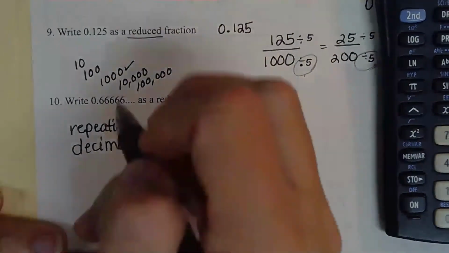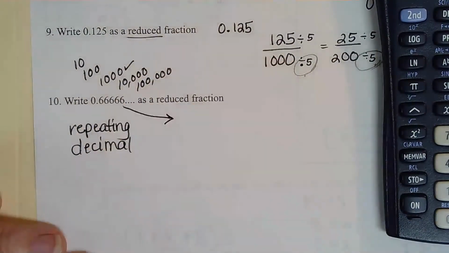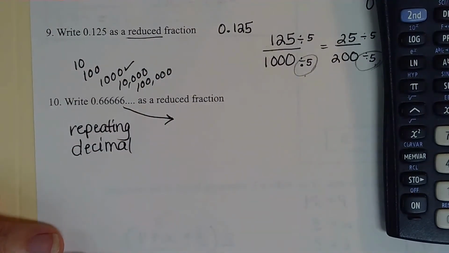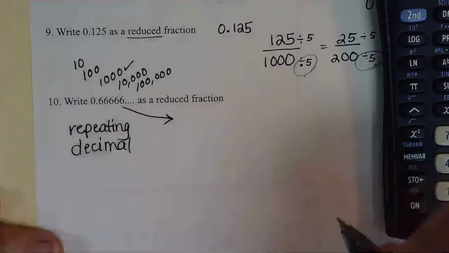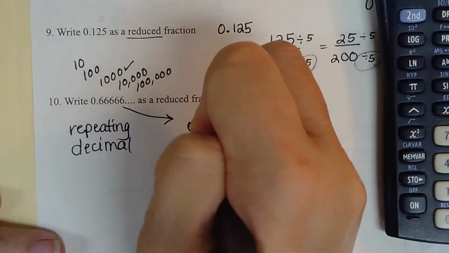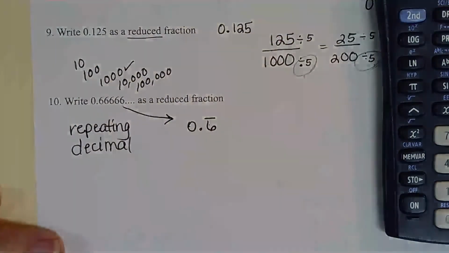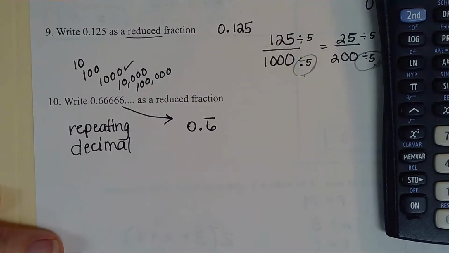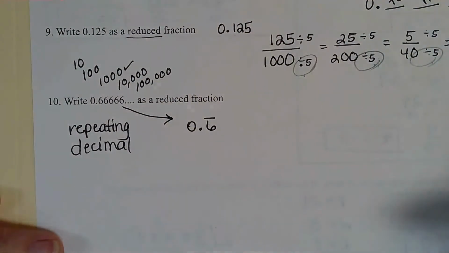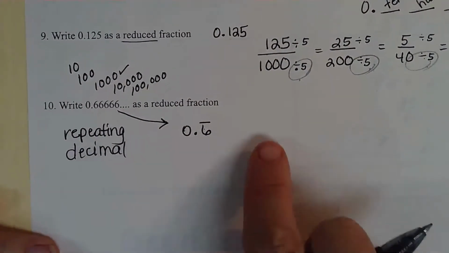So if I asked you rewrite 0.6666666 to show that it's repeating, I would hope that most people would know that that means the same thing, right? So the way that we're going to write this as a fraction is kind of similar to up here.